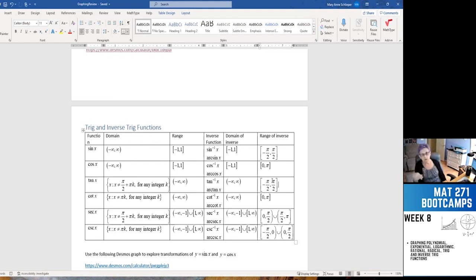So pi/2, 3pi/2, 5pi/2. Every time you circle around that unit circle another time, you get another 0. Cotangent has sine on the bottom, so it's not defined anywhere that sine is equal to 0. So 0, pi, 2 pi, 3 pi, 4 pi, all of the multiples of pi.